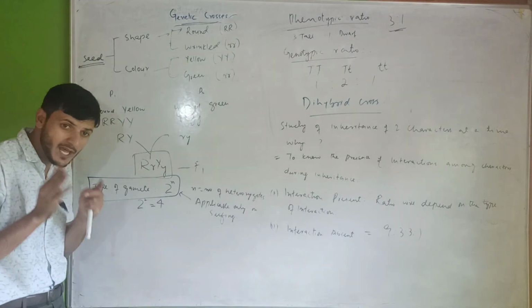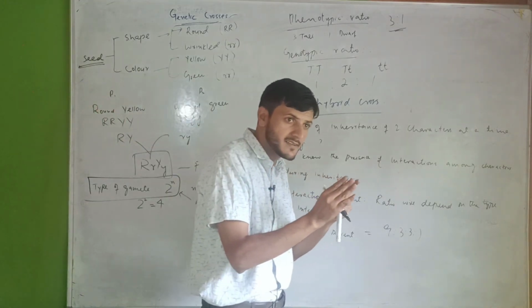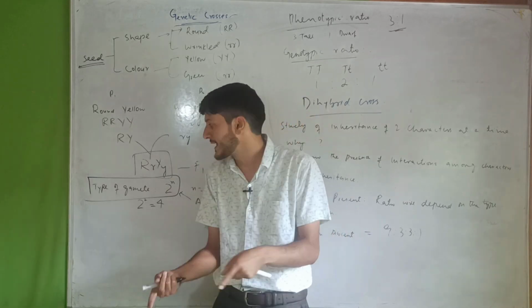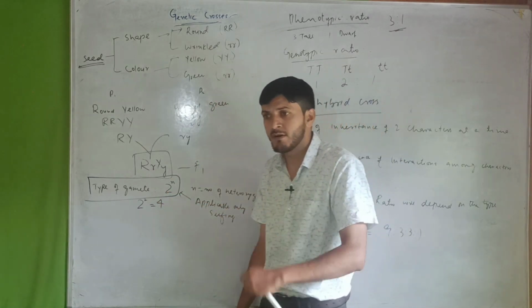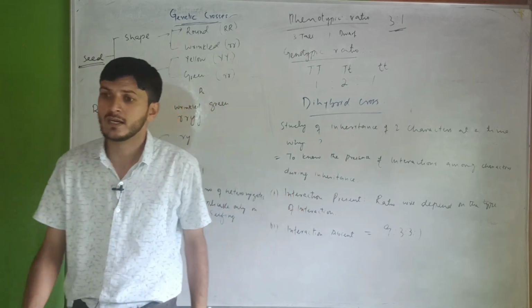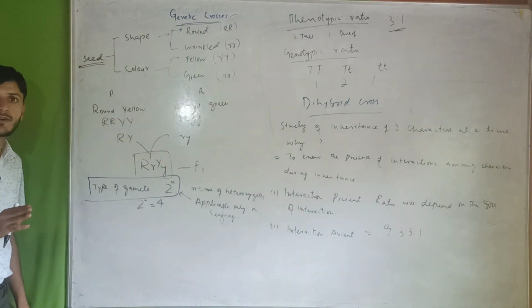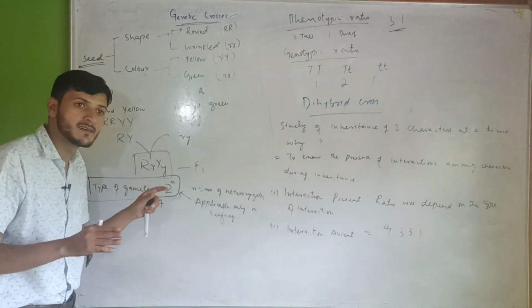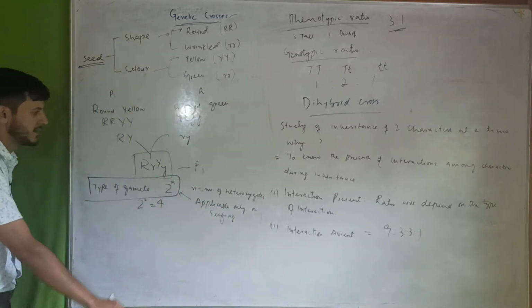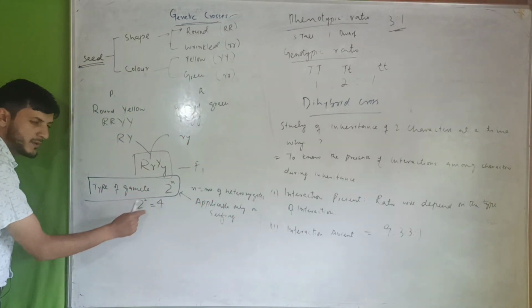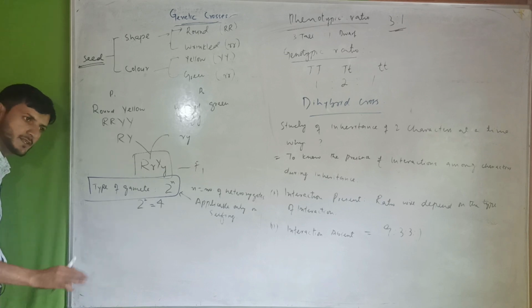Whenever genes are linked with each other, we cannot use this formula to find the types of gametes. This formula is only used when we are performing selfing. Now, how many gametes are formed? 4 different types of gametes.